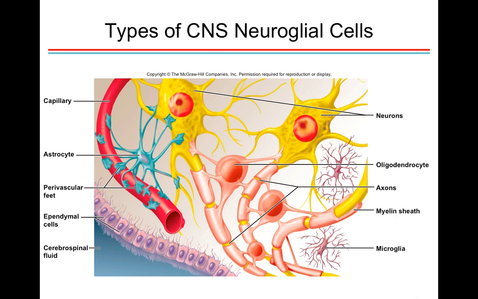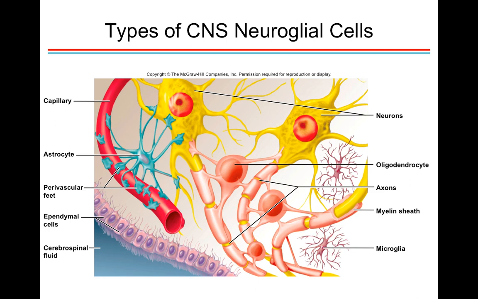Astrocytes can also store glycogen, and then let's say, if an astrocyte has excess glucose, they can store the excess glucose in the form of glycogen, and then when glucose levels go low, they can then break down that glycogen, reconvert it back to glucose, and then produce lactic acid.